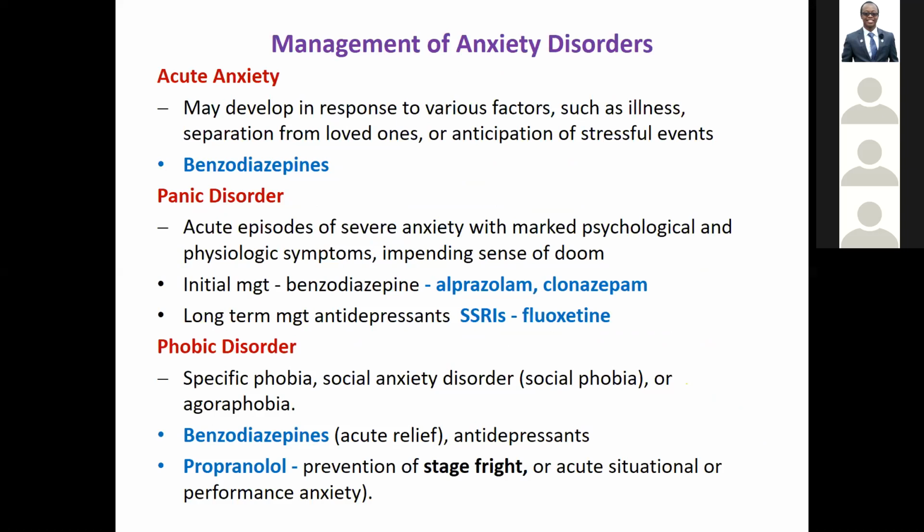I would also want you to tell me why they are suited for the treatment of acute anxiety. Is it because acute anxiety can be serious, and therefore would you require a benzodiazepine that is long-acting, short-acting, etc.?